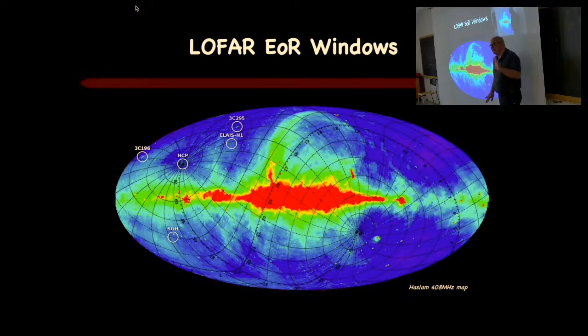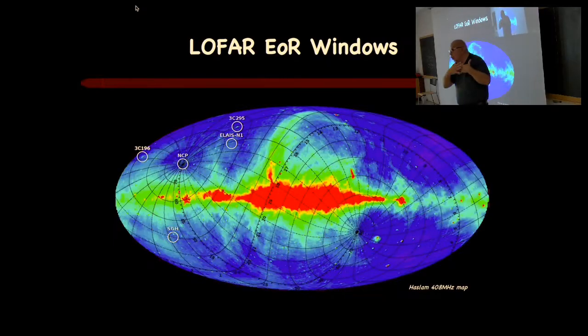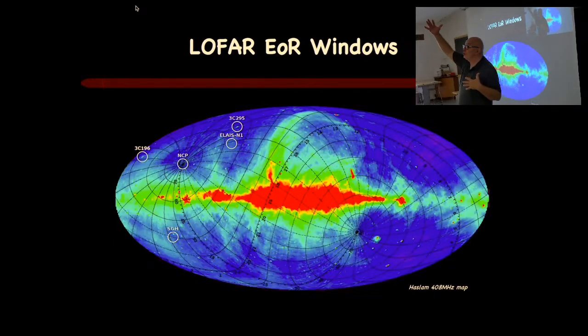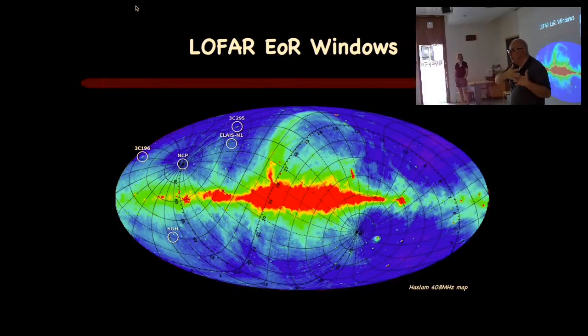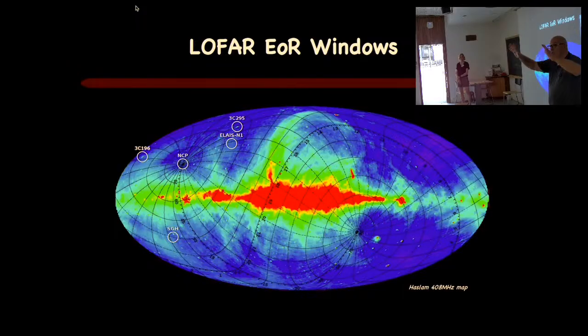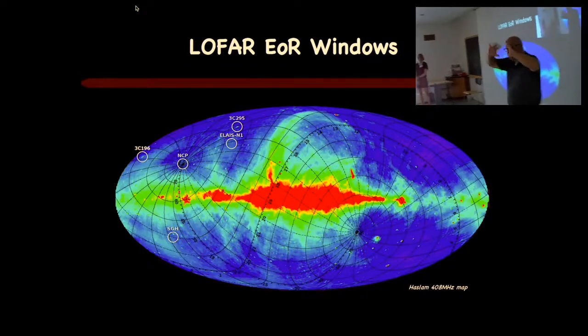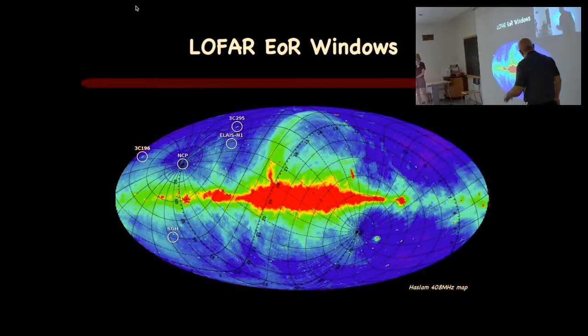The reason being is these foregrounds go like the frequency to the -3, roughly -2.7. So you go a factor of 2 in frequency down, larger wavelengths, you go a factor of 10, roughly, in terms of difficulty. Without talking about the ionosphere or anything, just the foregrounds become much more formidable.